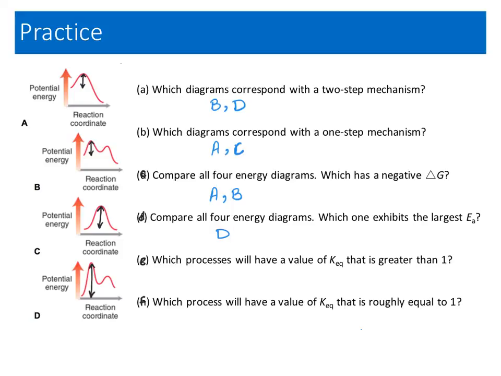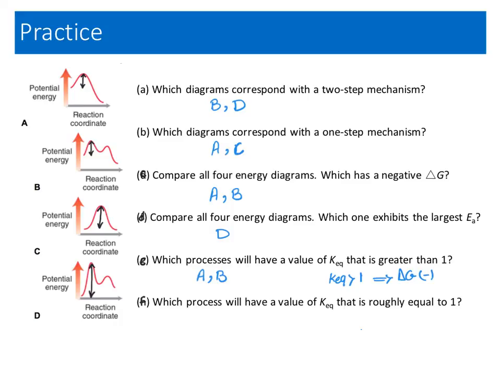Which processes will have a value of Keq that is greater than 1? When Keq is greater than 1, the delta G should be negative. The process is favored, the reaction will occur. We already talked about that. So diagrams A and B both have negative delta G, so Keq should be greater than 1 for both of them.